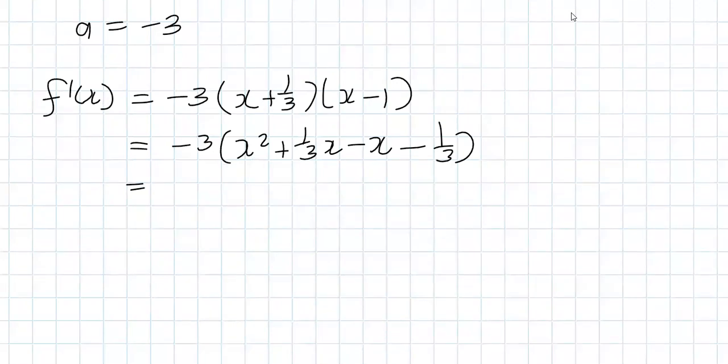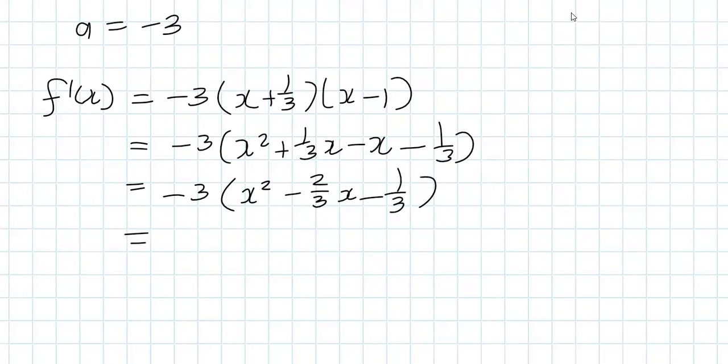Multiplying these two, a third minus a whole is minus 2/3, so minus 2/3 of x after adding like terms. Then we multiply by the negative 3. Negative 3 times x squared is negative 3x squared. Negative times negative gives plus 2 over 3, top times top, bottom times bottom.